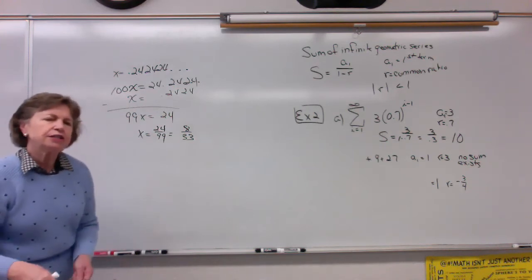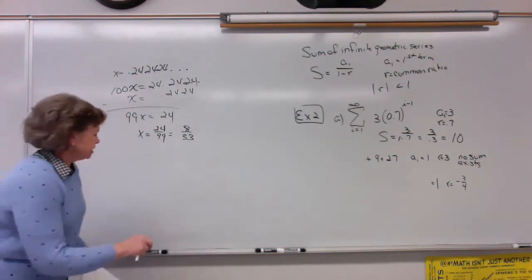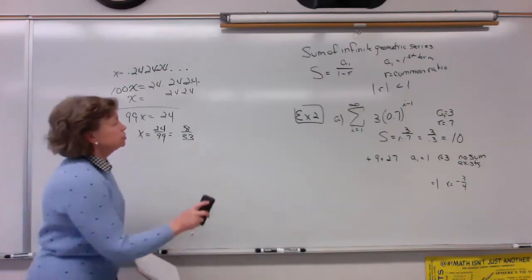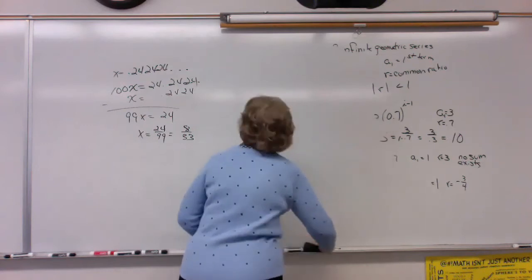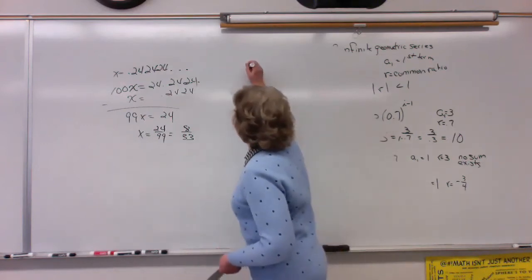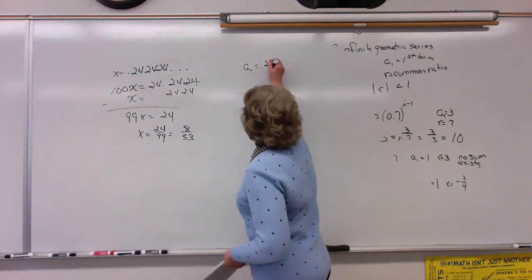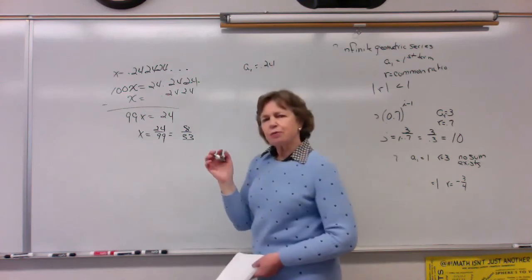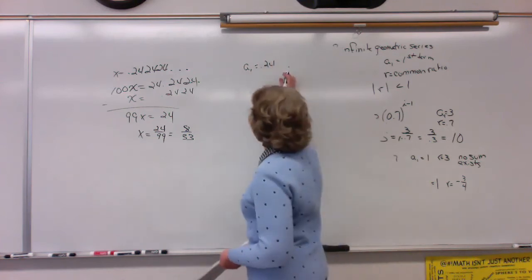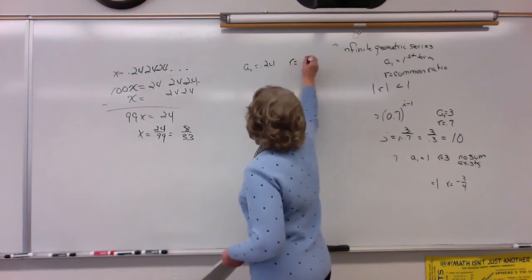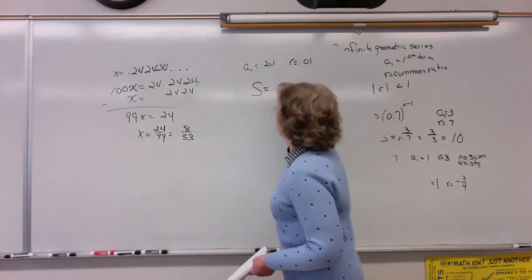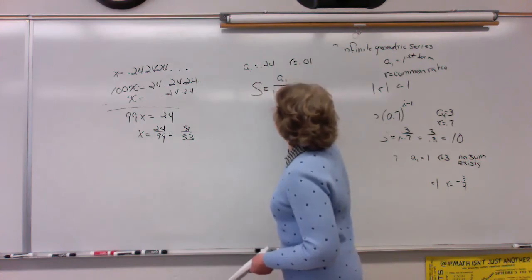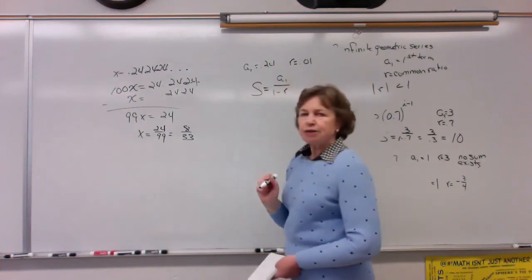You can also do it as a geometric series, and that was what your book was showing you. So if I take that same number, 0.24, 0.24, 0.24, the first term is 0.24, and because we were multiplying that by 10 squared each time, my ratio is 0.01, and then I'm going to use that formula. S equals the first term divided by 1 minus my common ratio.